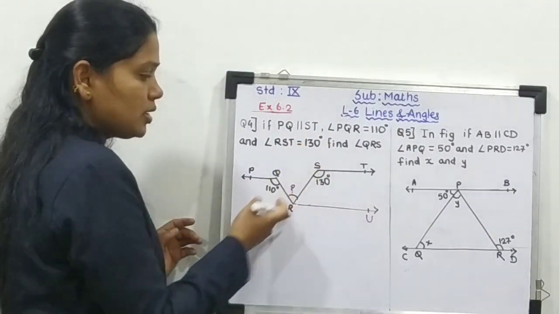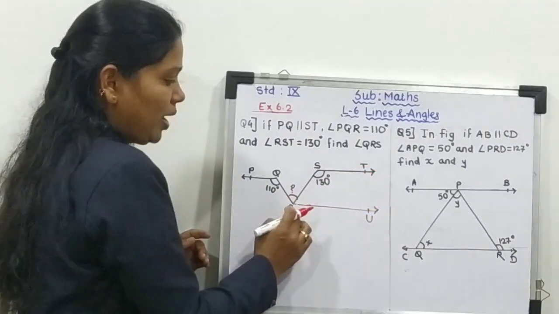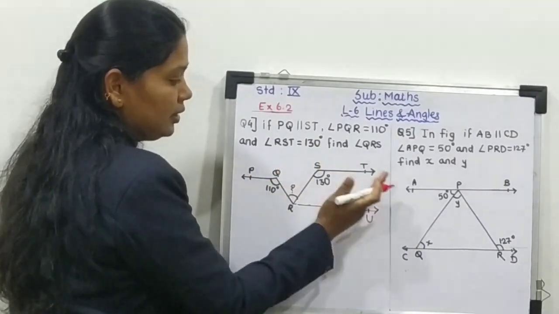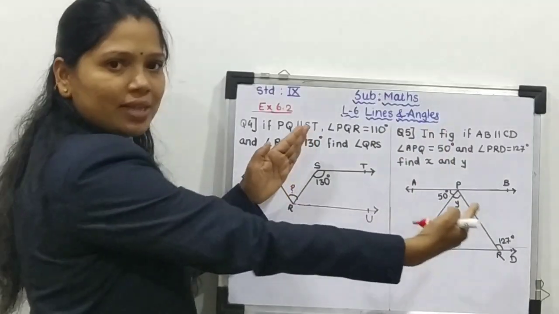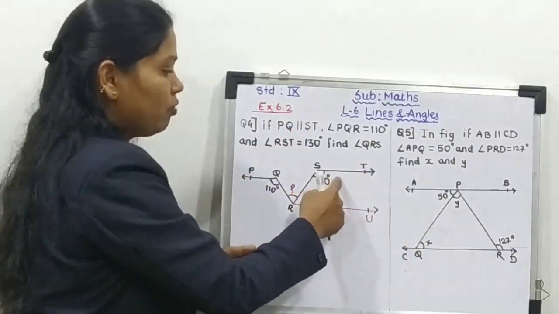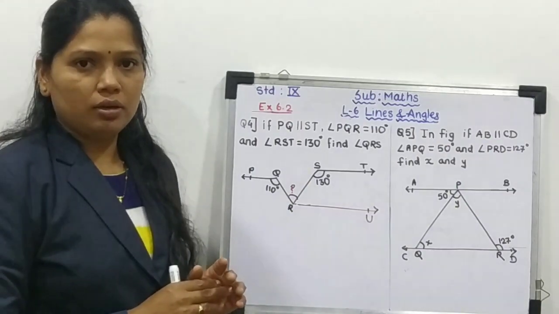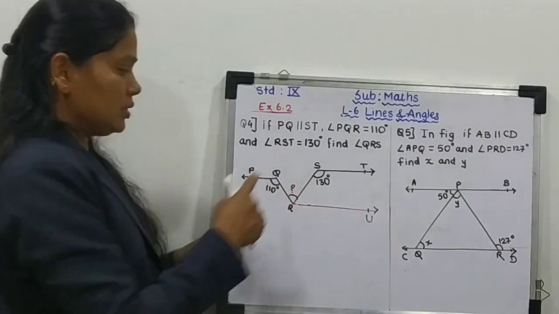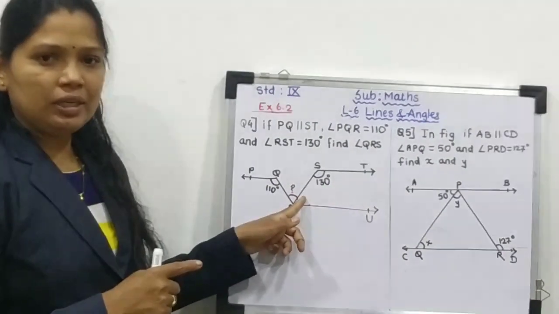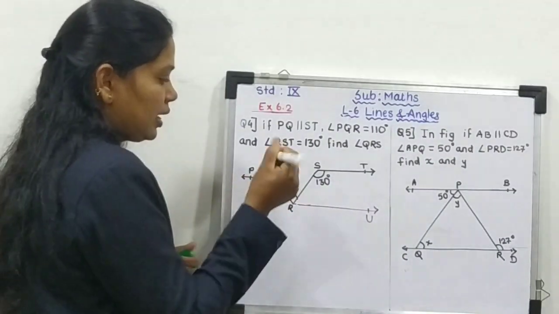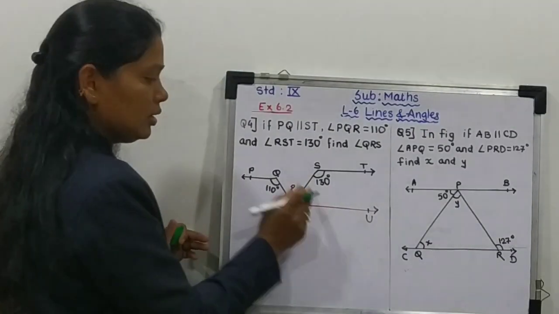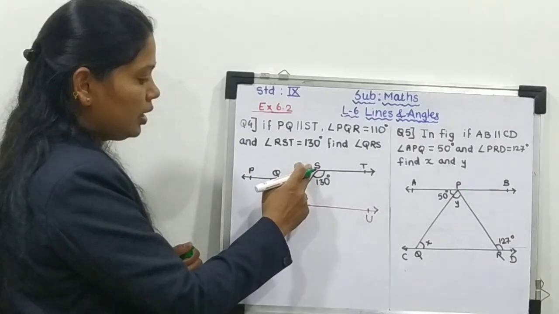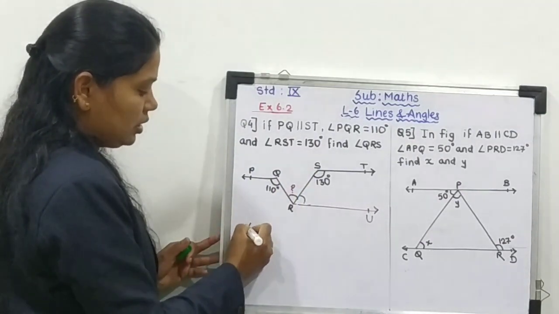So if RS is a transversal and ST parallel to RU is given, then the angles which are made on one side of the transversal are what? Supplementary, right? So the addition of these: angle 130 plus this angle. Why are we finding this angle? See, this angle we are going to find. First find this angle, right? So 130 plus angle SRU. You can write it in this way.